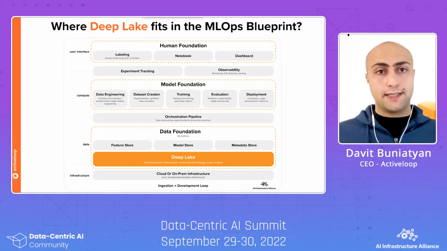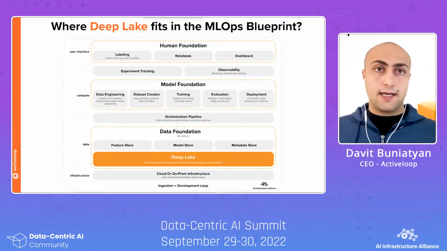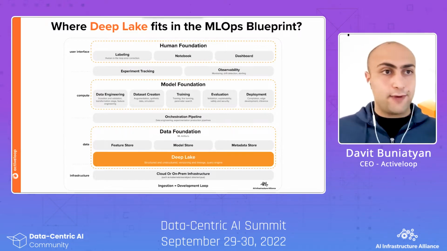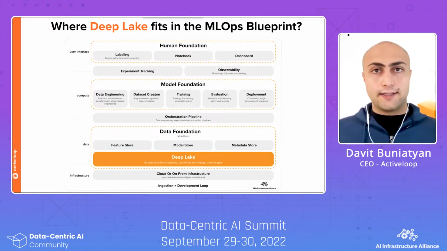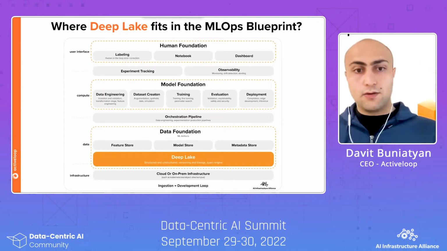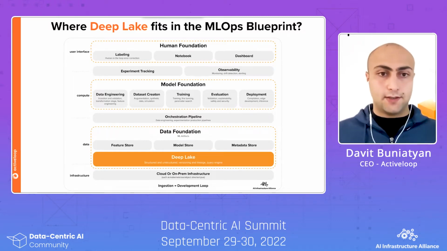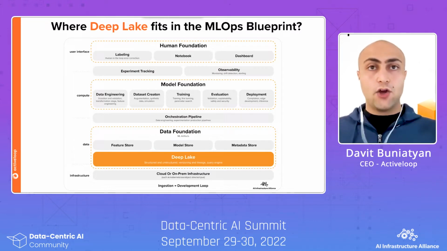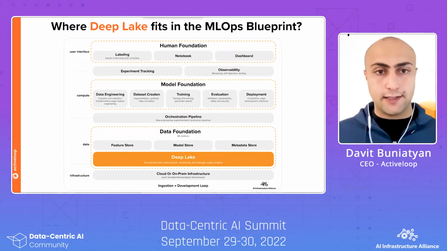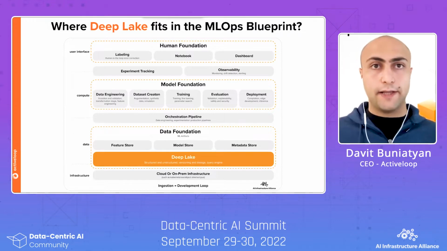The main problem is that today, data scientists manage their data as if we developers had no database technology at all. And we are super excited to bring to the deep learning community all the database technologies and all the benefits that come from them for your use cases. And that's where Deep Lake comes into place.